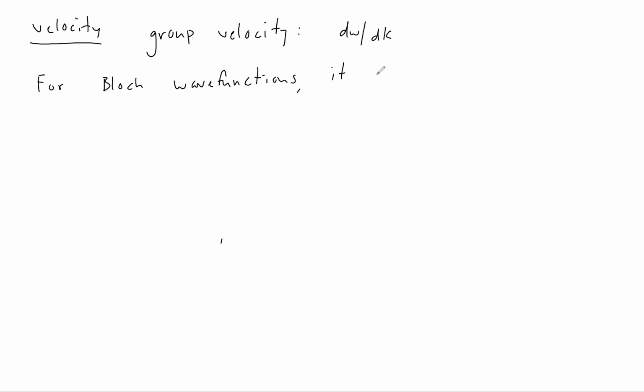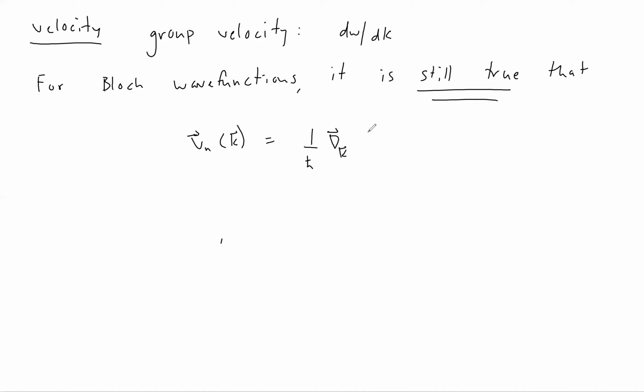perhaps surprisingly, it is still true that the velocity of an electron with wave vector k in band n is equal to 1 over h bar times the gradient with respect to k of the energy of the nth band at wave vector k. So this is very much analogous to d omega dk, right?